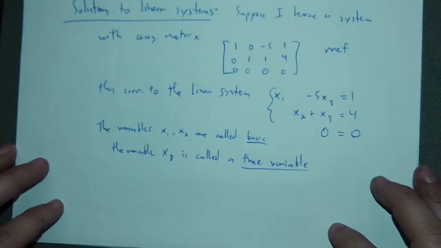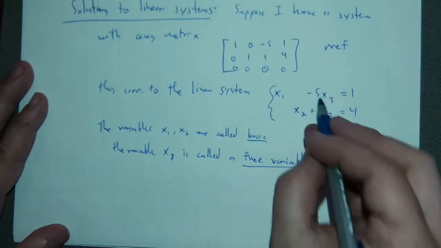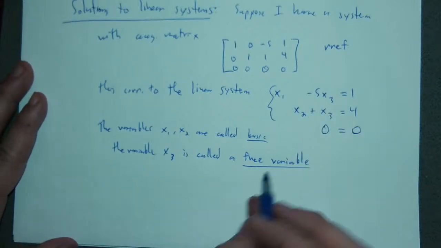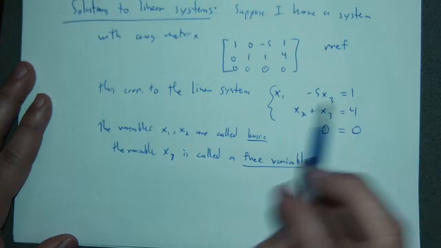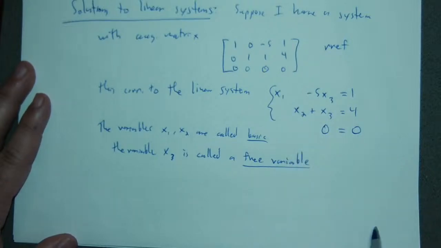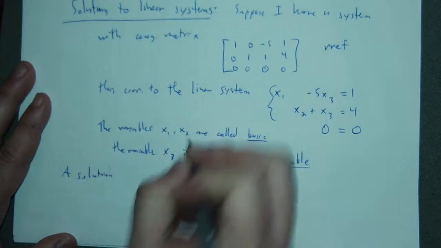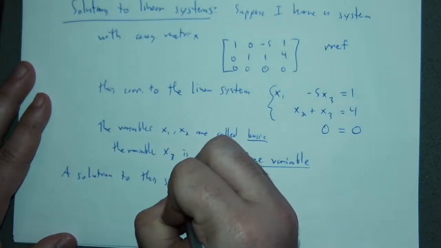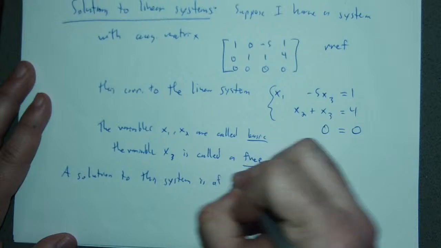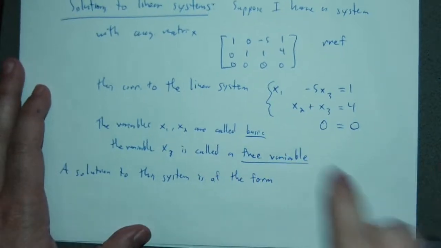All right. So, this choice of x sub 3 can be seen if I solve this for x sub 1 and x sub 2. So a solution to this system is of the form, I'm just going to look at these equations.